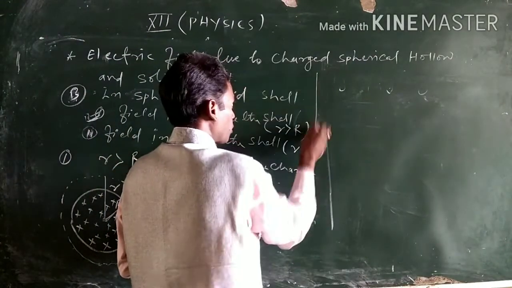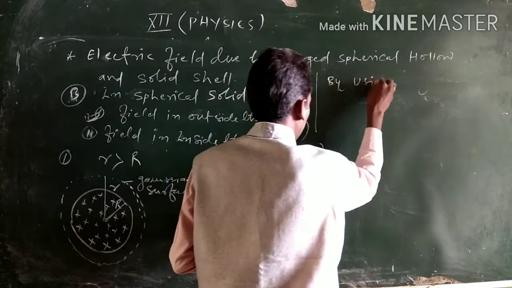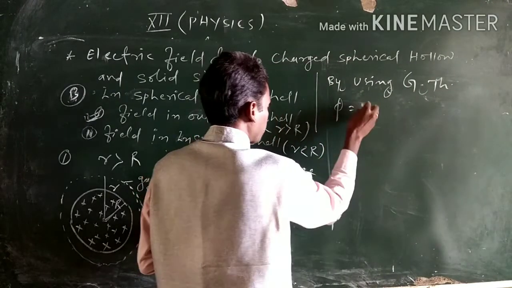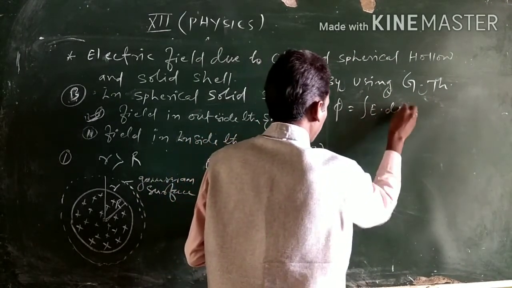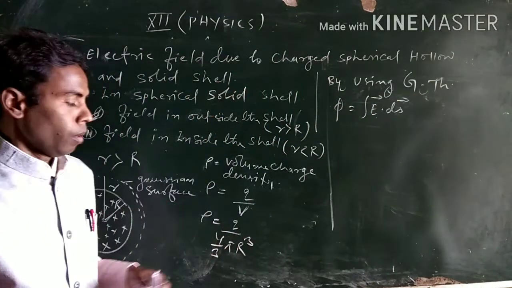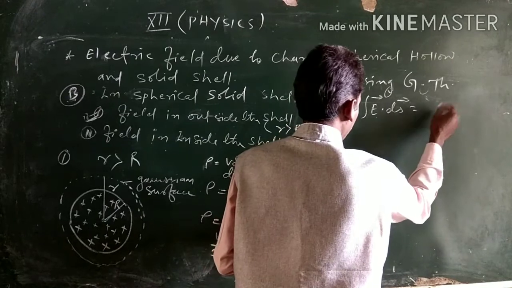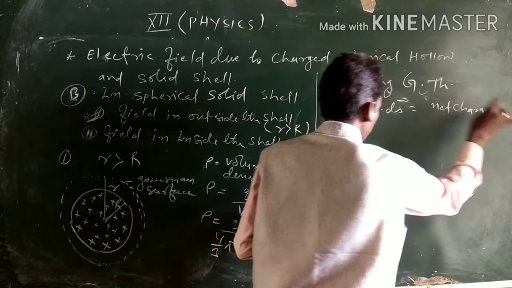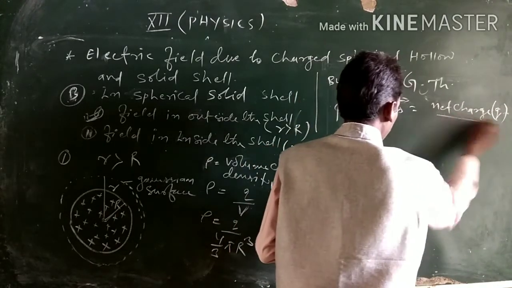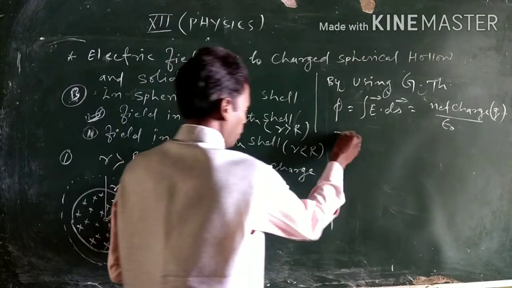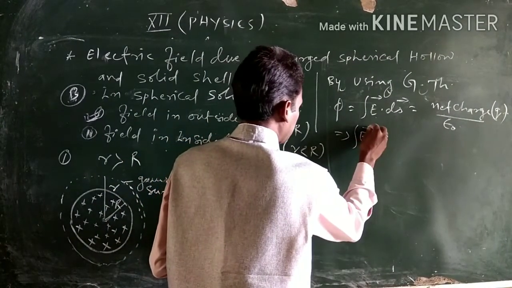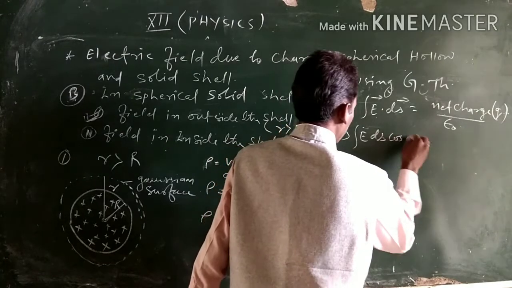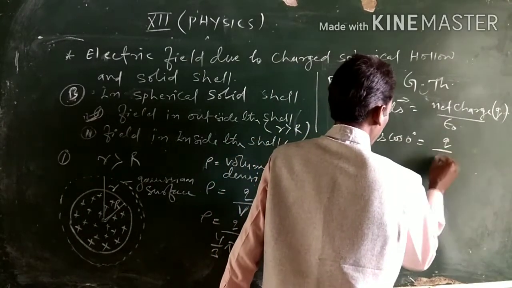By using Gauss's theorem, our phi is equal to the integration of E dot ds, where ds indicates the small element, equal to our net charge Q divided by epsilon naught.